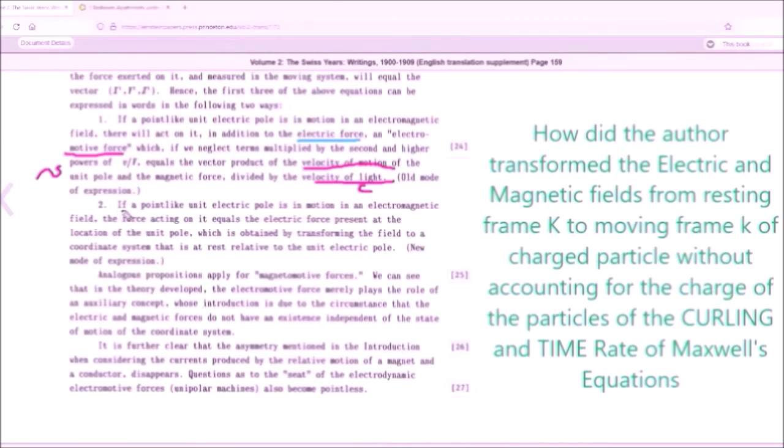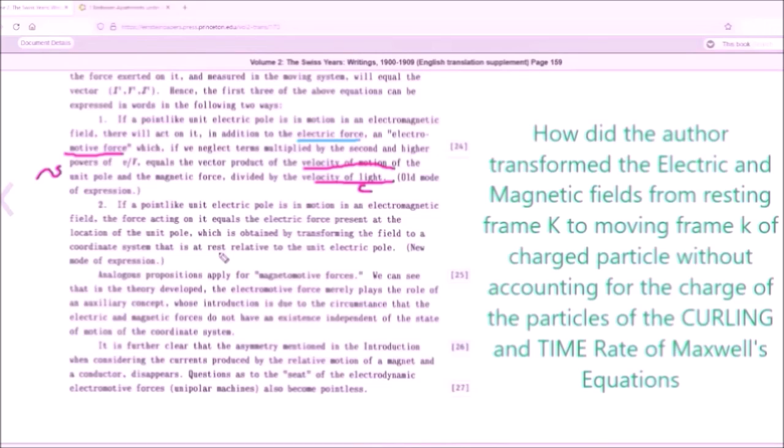Another way: if a point-like unit electric ball is in motion in an electromagnetic field, the force acting on it equals the electric force present at the location of the unit pole, which is obtained by transforming the field to a coordinate system that is at rest relative to the unit electric pole.